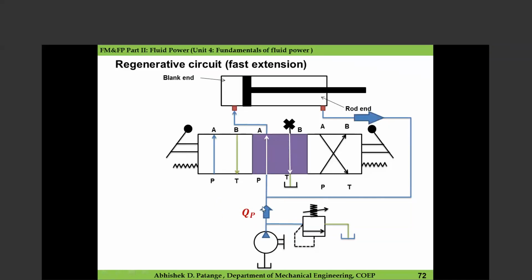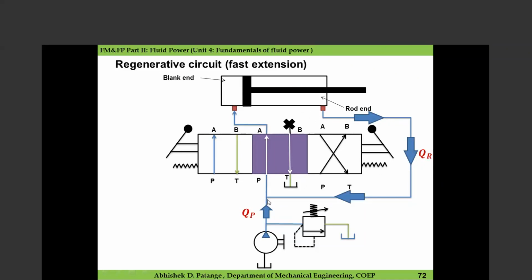As I already said, since more force is given by the cylinder from this side, it will move this piston from left hand side to right hand side. The liquid which is available at this rod end will be taken out from this line to this line and again to this junction. This discharge is called regenerative discharge, because the liquid coming from the rod end is considered as regeneration of the flow, and it is represented by QR.